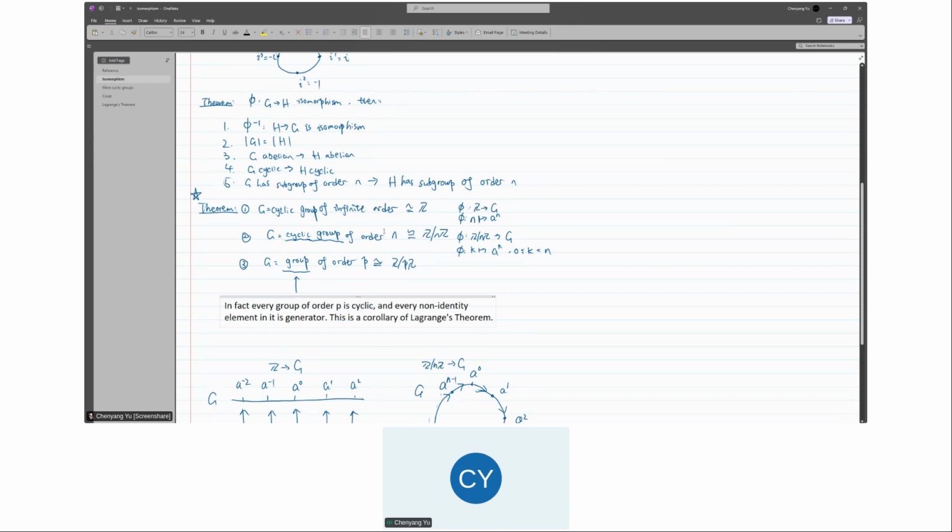Any finite cyclic group of order n is isomorphic to Z mod nZ. And a special case of that is if you have a prime order group, then it is isomorphic to Z mod pZ.